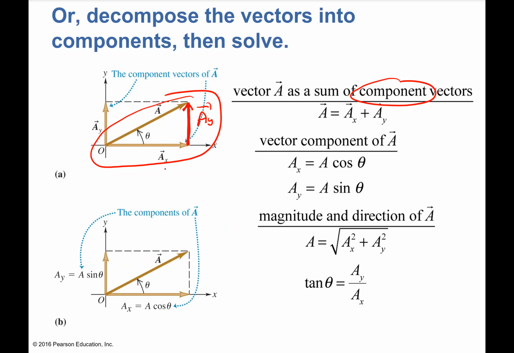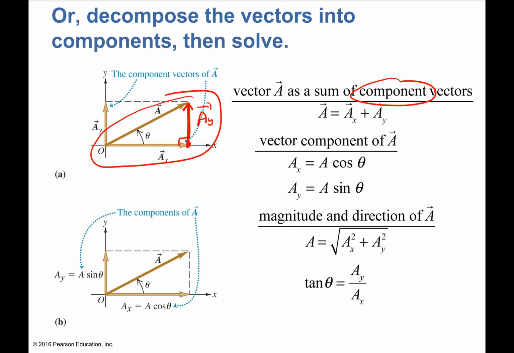But if I move it there, here's an interesting thing you can see. Vector AX is horizontal, pointing to the right. Vector AY is vertical, pointing up. Those are two vectors connected tip to tail, and they are perpendicular to one another.